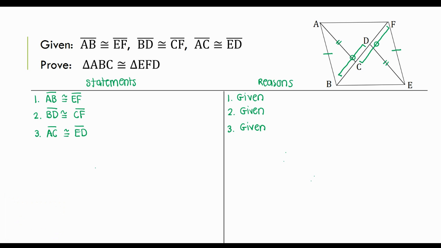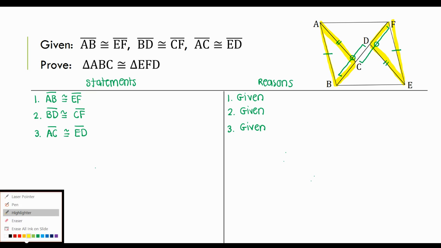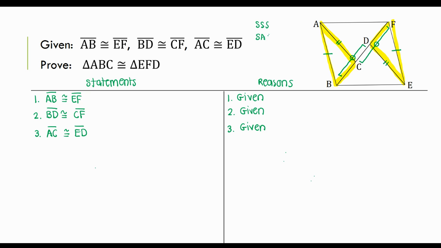Notice that what I'm trying to prove is that the triangle ABC, so if I look, this triangle right here, is congruent to the triangle EFD right here. So these two side triangles. So once again, we're looking for, do I have side, side, side, side, angle, side, or angle, angle, side?